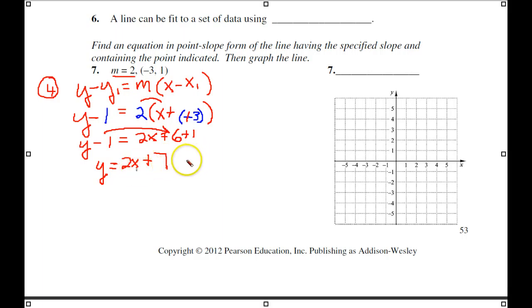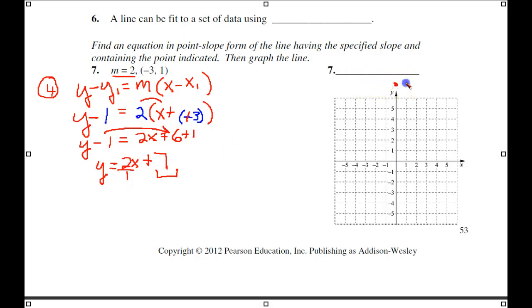Now notice they also want us to graph this new equation we found. So we can go right here at our y-intercept, which is a positive 7. We have to kind of sketch that in because there is no 7. And our slope is a 2 over 1.